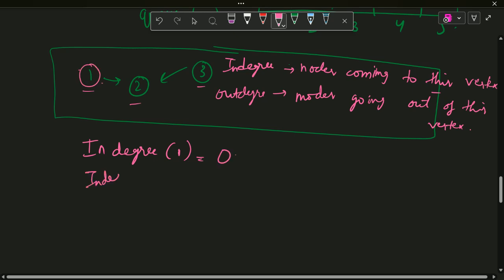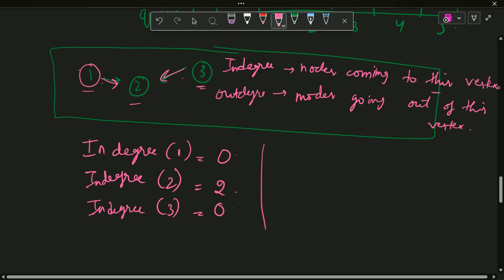The in-degree of 2 is 2, since 2 vertices are coming to this element. The in-degree concept will be cleared here. The in-degree of 3 is 0, as no elements are coming to 3.